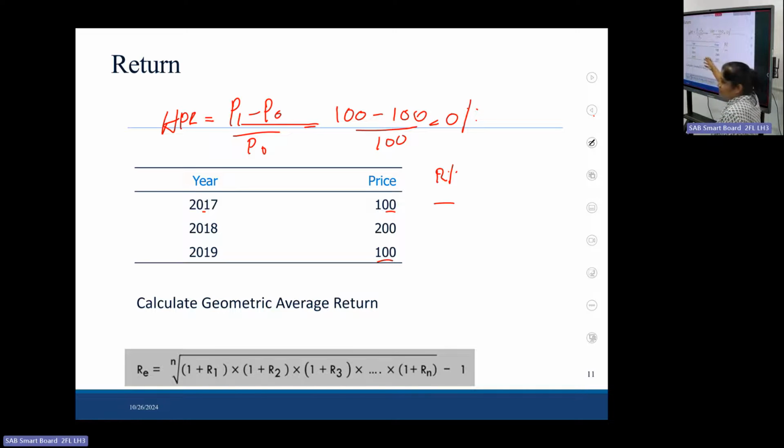So you cannot calculate return for 2017. So 2018 you can calculate. P1 is 200, P0, the previous year price, is 100. So 200 minus 100 divided by 100 into 100.